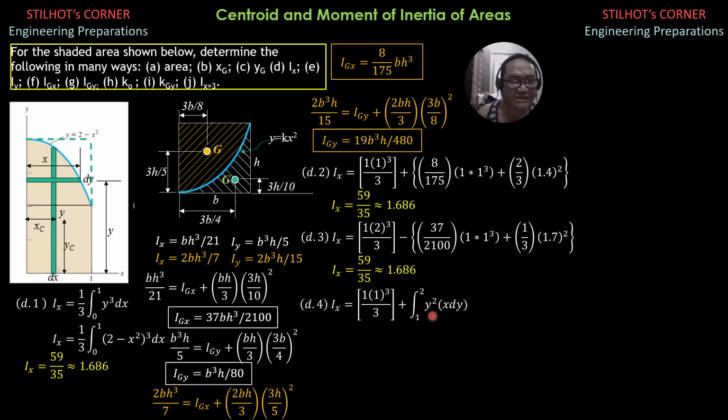The limits should be from the top of the square, which is 1, to this vertex, which is 2, because y is the variable, and x is equal to the square root of 2 minus y. So Ix is 1/3 plus the integral from 1 to 2 of y squared times the square root of 2 minus y dy. Using your calculator, you just wait, be patient. That's also 59/35 or 1.686. Then the next method, D.5, is the easiest.